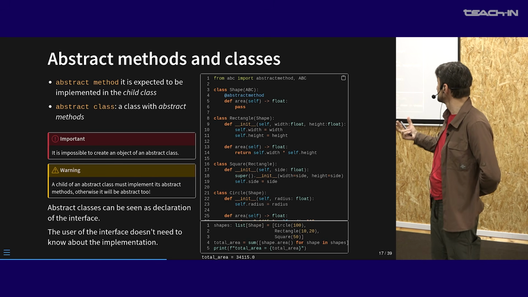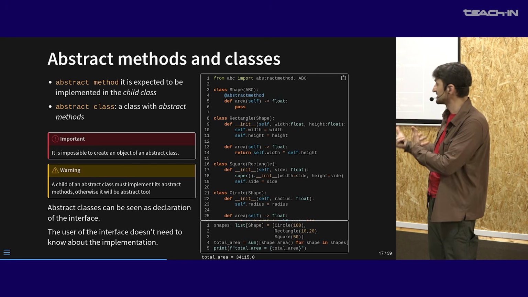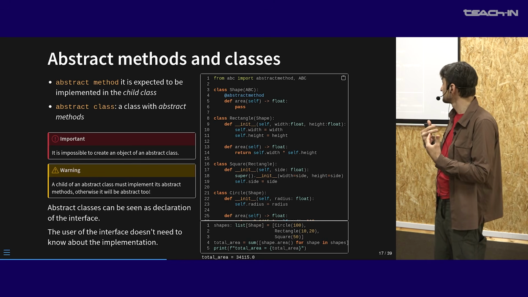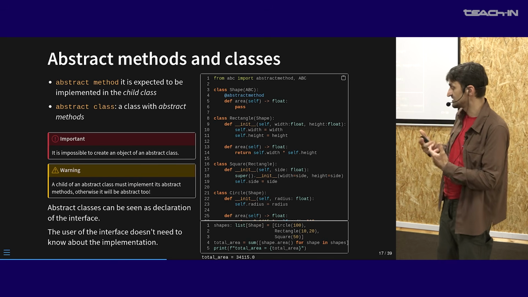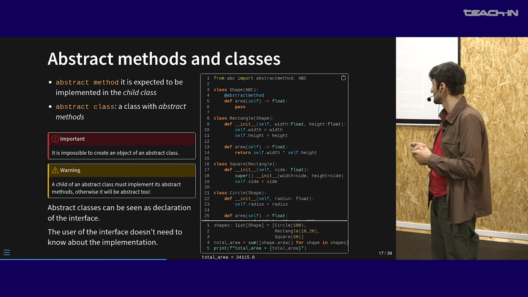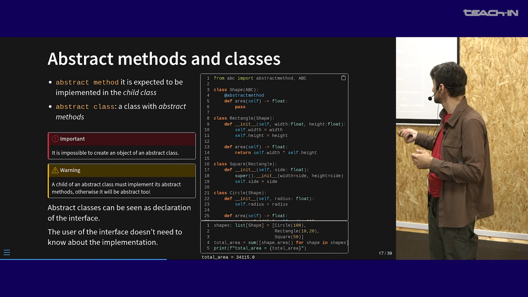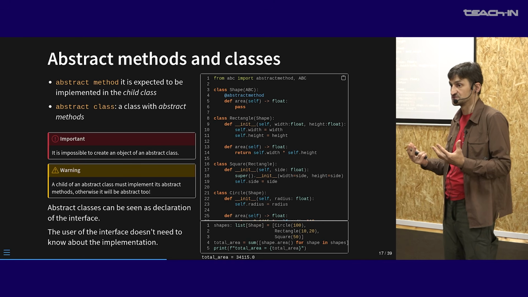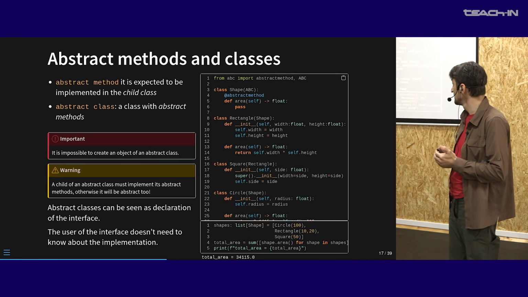This just defines, for example, what interface this class has. And if there are abstract methods in the class, then it's impossible to create an object of this class. You cannot instantiate it.